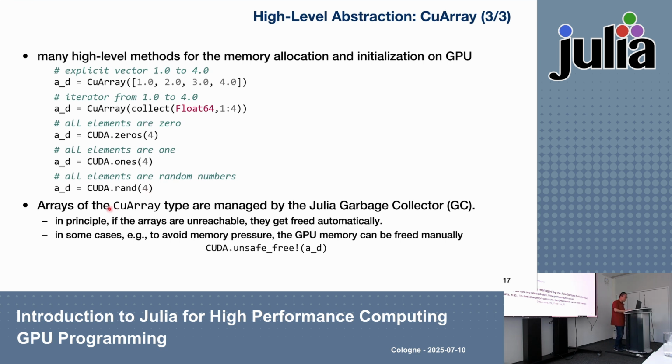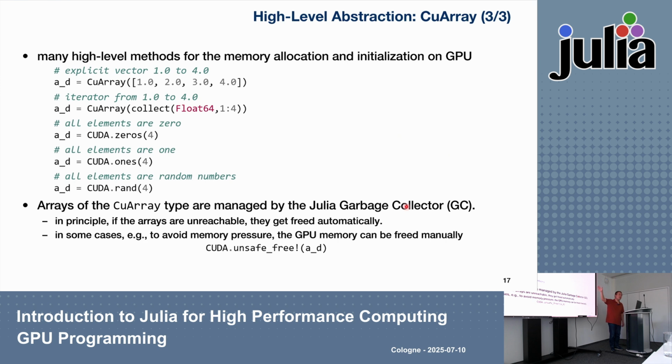Nevertheless, you need to pay attention to the memory allocation on GPU. Normally, you needn't worry about it because the so-called JuliaGPU garbage collector will take care of the memory allocation. But remember, in the beginning I talked about for CPU, you have 200 gigabytes or 1 terabyte or even more memory.